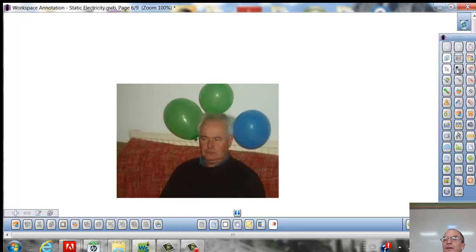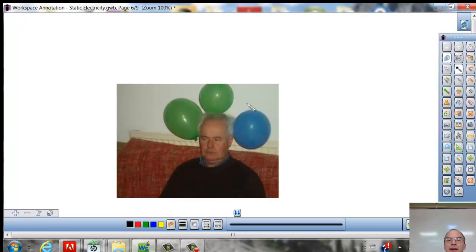Thus, following the law of electrostatic attraction, the balloons stick to the man's head. And we can probably assume that the balloons, for reasons you'll see later, have a negative charge, and his hair has a net positive charge. And he doesn't look very happy about this.